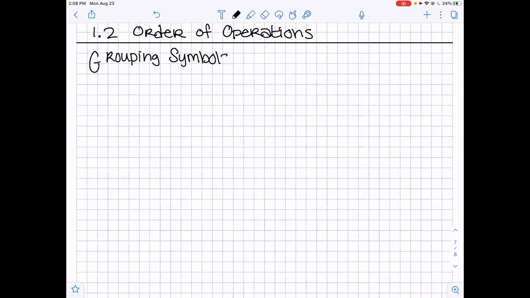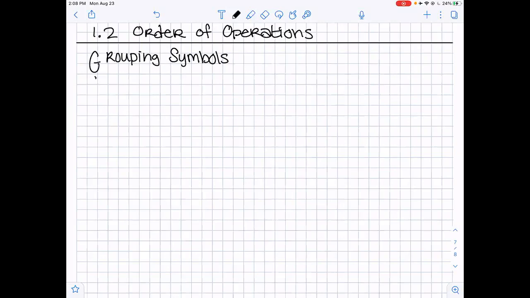Parentheses. If you look right over here on the wall, parentheses, the little curly braces, brackets, absolute value signs, those are all grouping symbols. Some people just say parentheses, but I like to use grouping symbols because it's a little bit more descriptive.